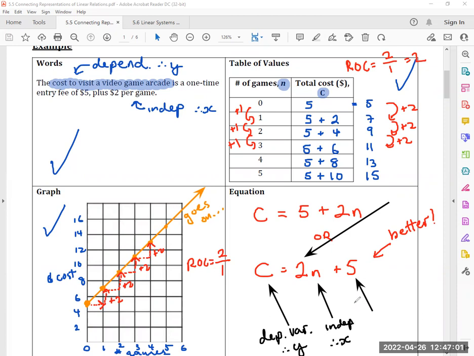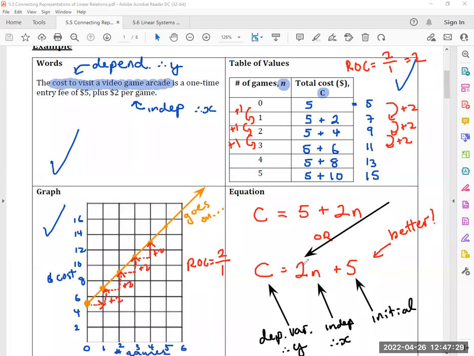What would you call my 5? We called it a certain thing last class. I didn't put too much emphasis on it. It's the amount, even if I play 0 games, it's the amount that I start with. This is my initial value.